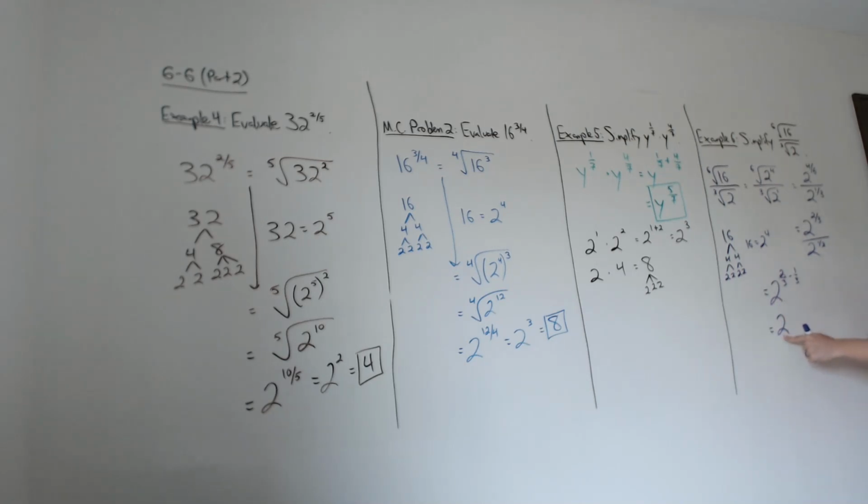Well, our base is still 2. 2/3 minus 1/3. Subtraction, just subtract across the top if your denominators are the same. So 2 minus 1 is 1 over 3. There we go. So your answer here, to simplify this, it's 2 to the 1/3 power. You could also write that in radical form if you wanted to.